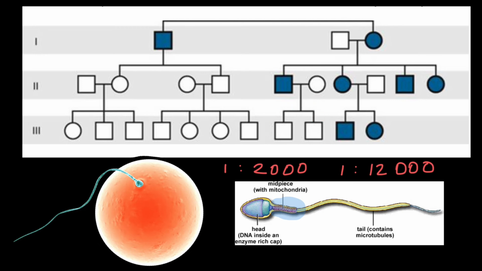So these children would have this ratio of defective to normal mitochondria, and they would show a normal phenotype. So the midpiece does penetrate the egg cell. Sometimes we can even find the whole spermatozoon. We can even detect it inside the egg cell, up to 8 divisions of the egg cell.